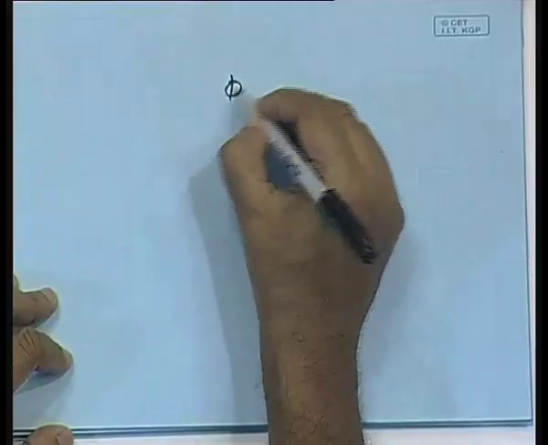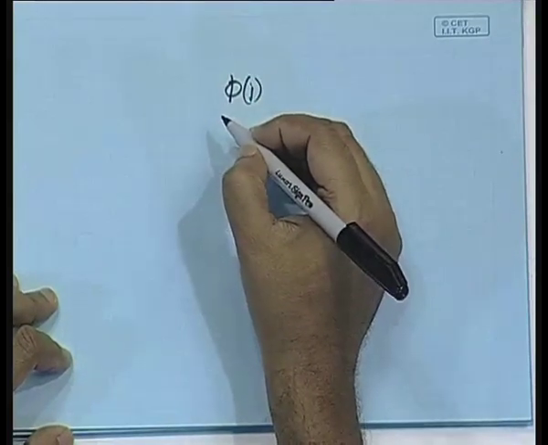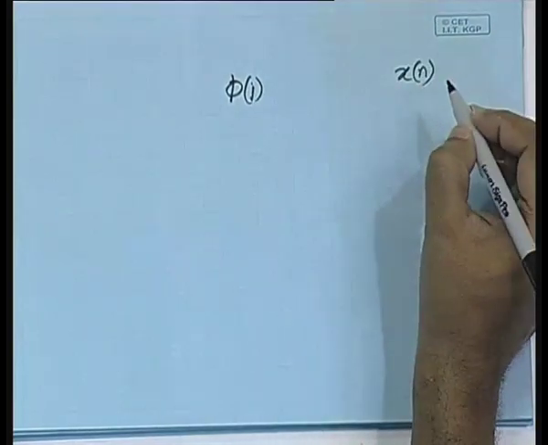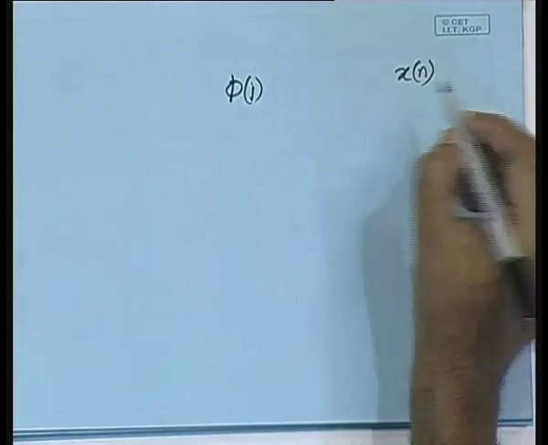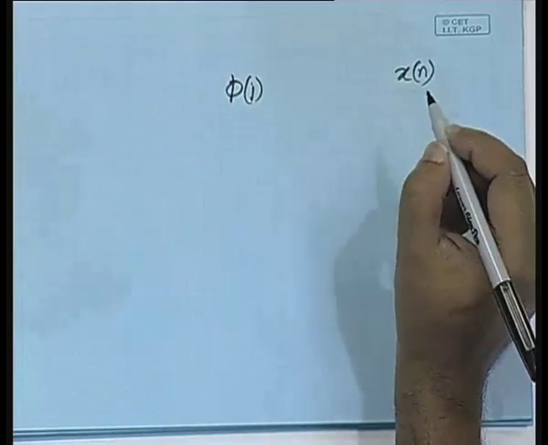If we call the autocorrelation phi of j, j being the lag, then the input sequence is x of n and we are obtaining its autocorrelation, denoted by the function phi, and phi j means with a lag of j. If we take j is equal to 1, that means a lag of 1 sample, which is the autocorrelation with the immediate past sample.